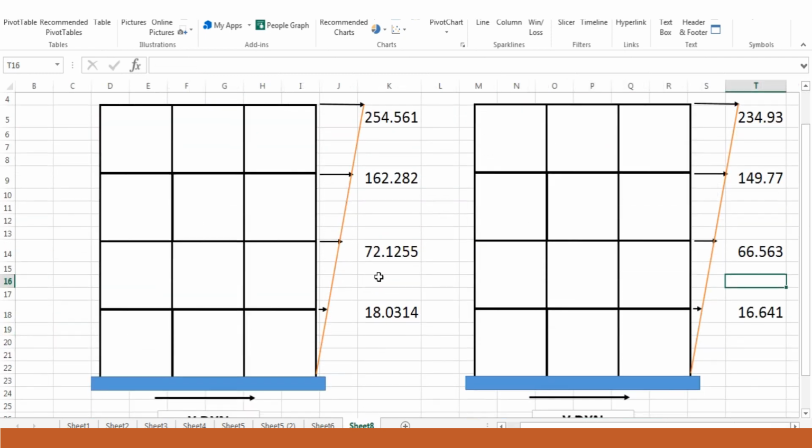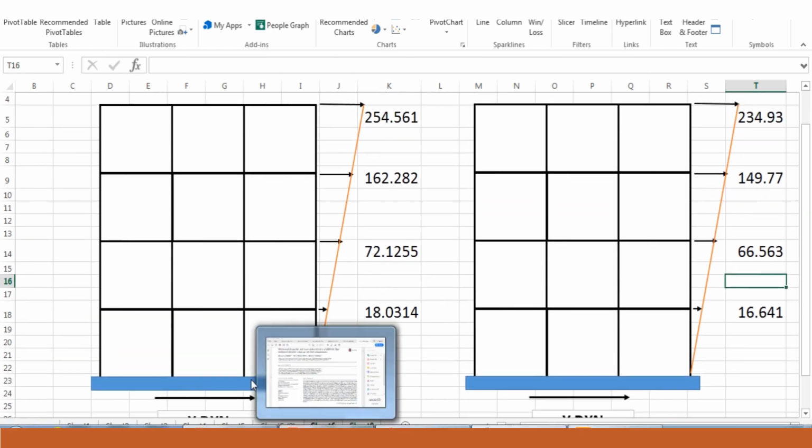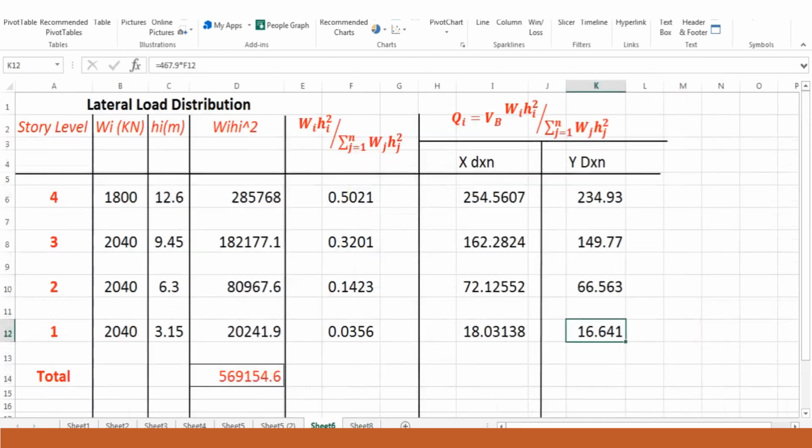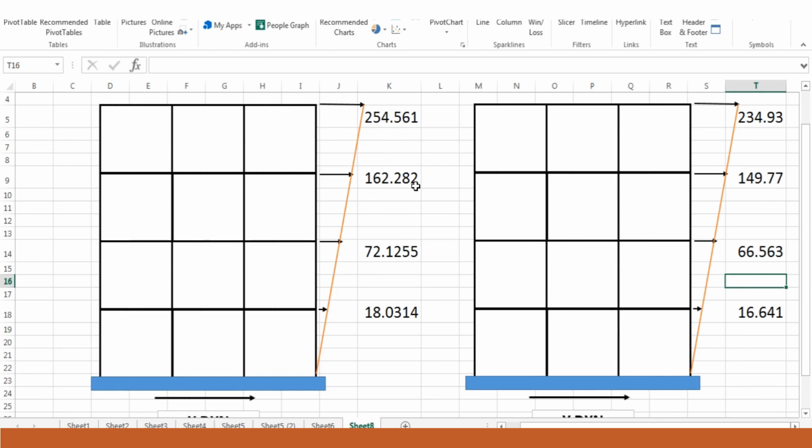Thereby, now I can define in the x direction what the forces are. The forces are 254.56, 162.28, then similarly 72.12 and 18.03.